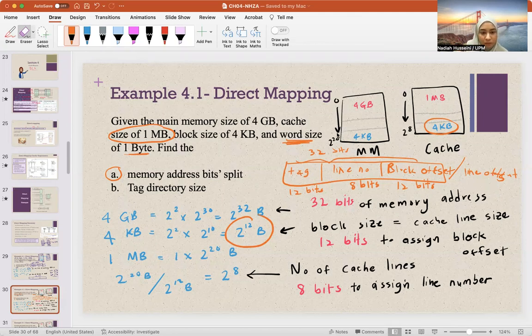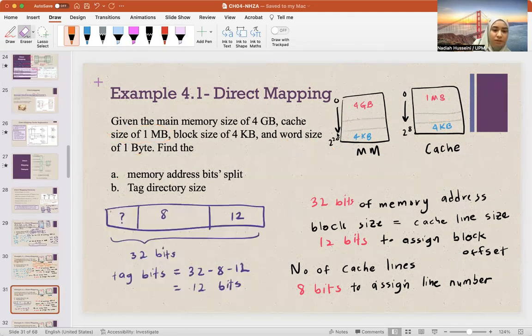Next, what is the tag directory size? So this is what we have found so far. We found out that the tag is 12 bits. That does not answer B, because this is just the tag bits. What is the total bits for the entire cache? We need to find that one because each cache line is associated with a tag.